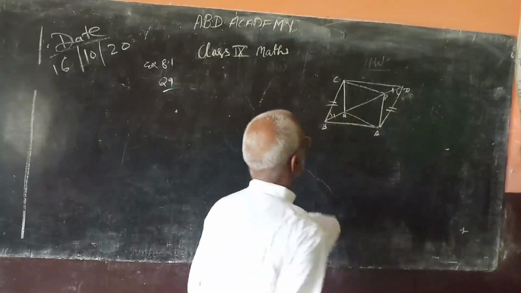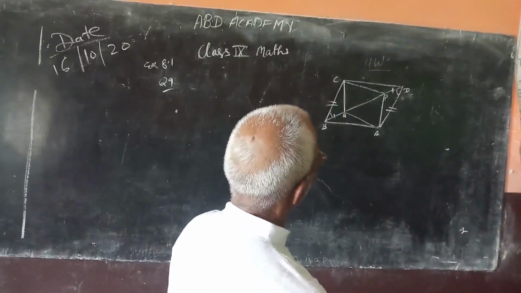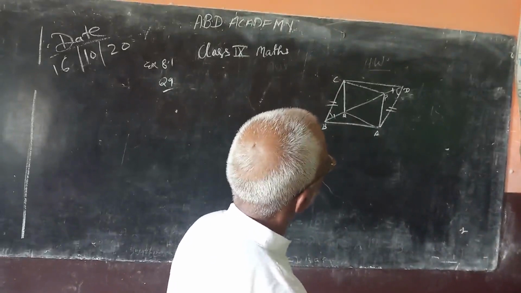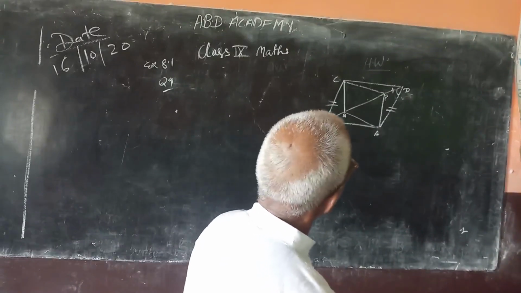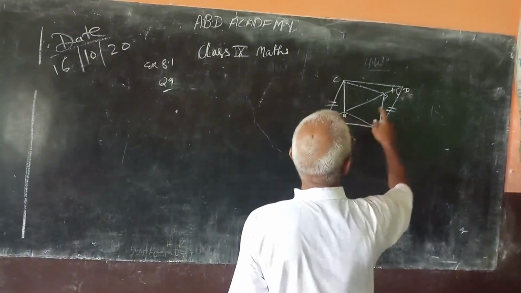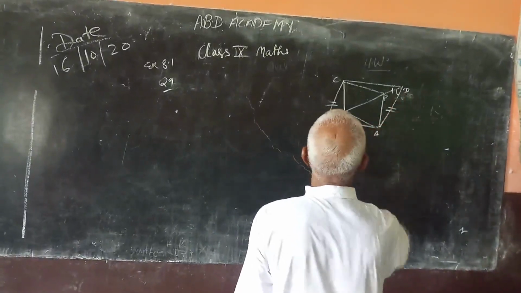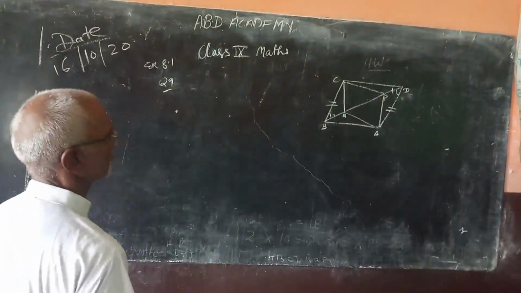ADP, alternate angles. One more is required. One more angle is required. But there is no need of that angle because PD and BQ are equal. You understood?